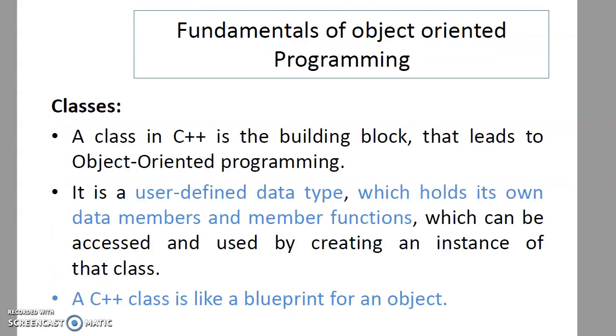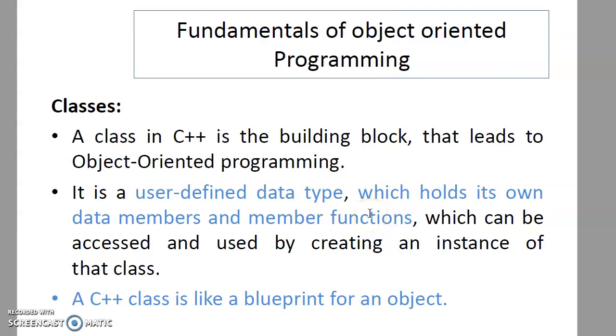Now the next concept is classes. A class in C++ is the building block that leads to object-oriented programming. It is a user-defined data type which holds its own data members and member functions.